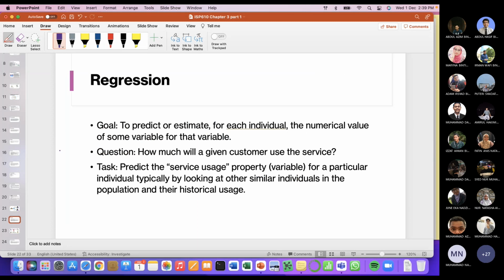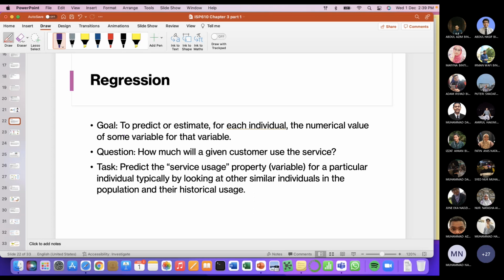And for regression, okay, for regression, the goal is to predict or to estimate for each individual the numerical value of some variable for that variable. So kita nak tengok regression, maknanya kalau ni buat prediction kan, ada continuous numbers tu, you can use the prediction. So the question that you can ask is how much will a given customer use the service?